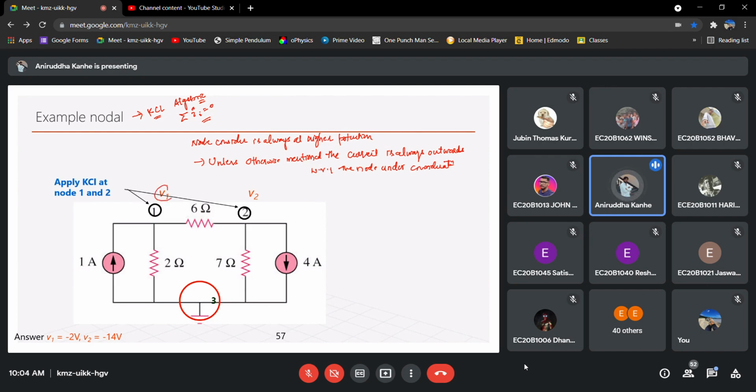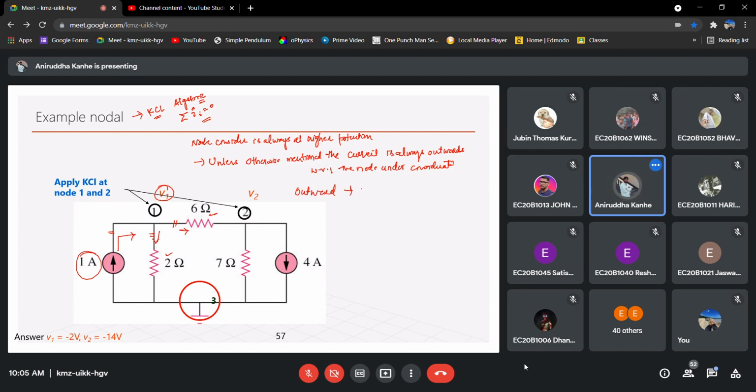So if I want to write for, let us say, node V1, then how many branches are connected to it? This is one, second, and third. 3 branches are connected to it. For the 6 ohm and 2 ohm, there is no current direction given to you, whereas there is a 1 ampere current source connected with respect to that node. So this direction we have to take as it is, that is the inward, whereas for these two, we have to take it outward.